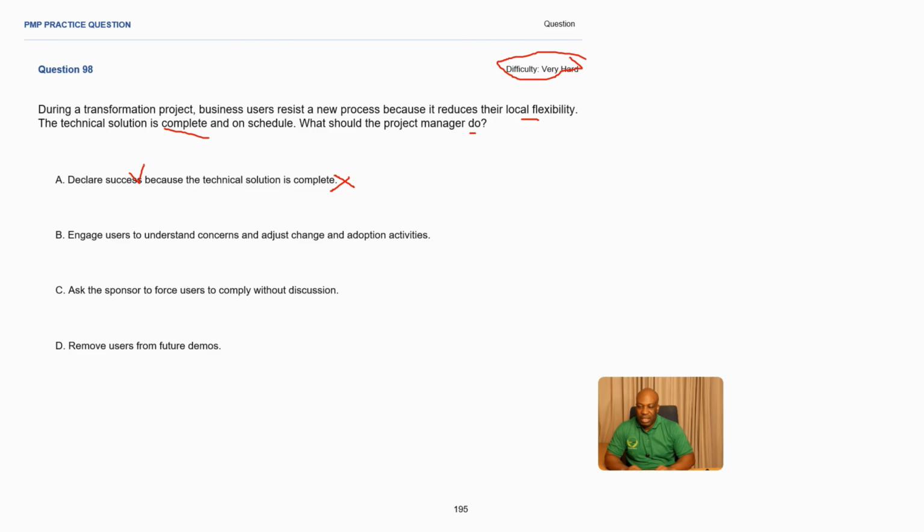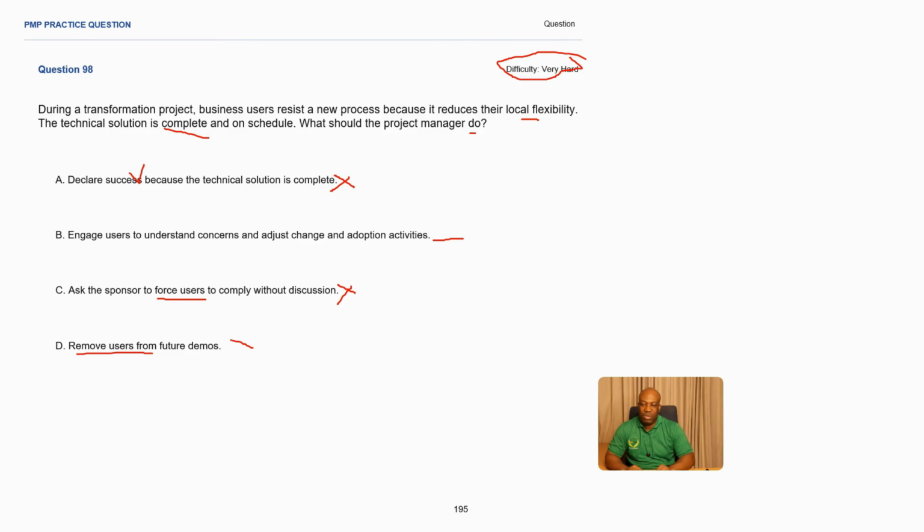B, engage users to understand concerns and adjust change and adoption activities. This one makes sense. Then C, ask the sponsor to force users to comply with the decision. You don't force things in a project environment. Work collaboratively with the team and also with the users, making this an incorrect answer. D, remove users from the future demos. You don't remove users, you need them.